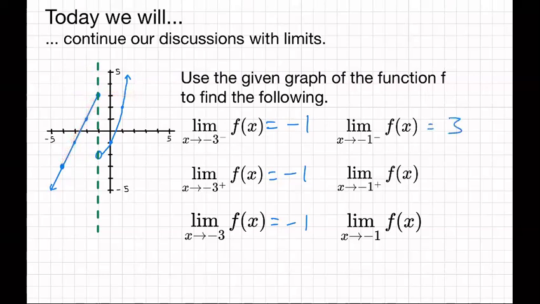But when we approach from the right-hand side, all these points are pointing down to -2. This is a situation where we don't have agreement. So we would say this particular limit does not exist, which can happen. It's definitely something to watch for.